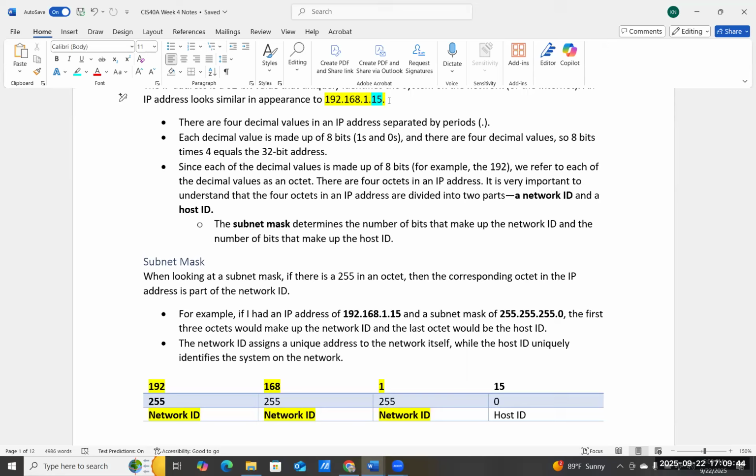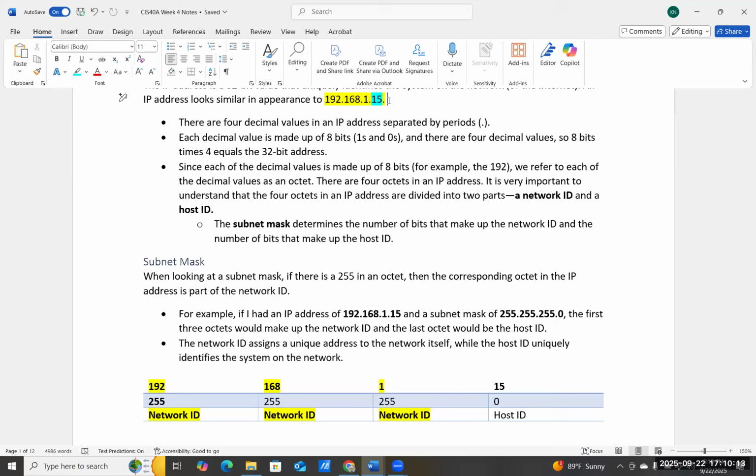Now, every IP address works with a subnet mask. A subnet mask is like a zip code, or some would say an area code, but area codes don't work for telephones that way anymore. You can live in Riverside, with 92501, or Moreno Valley, like the school here, which is 92551.